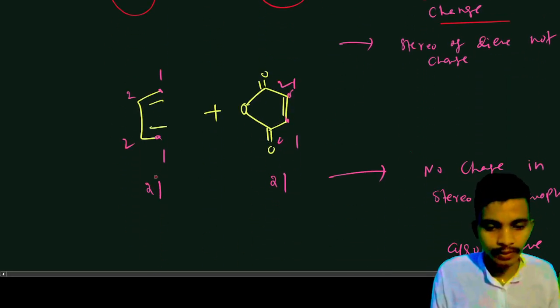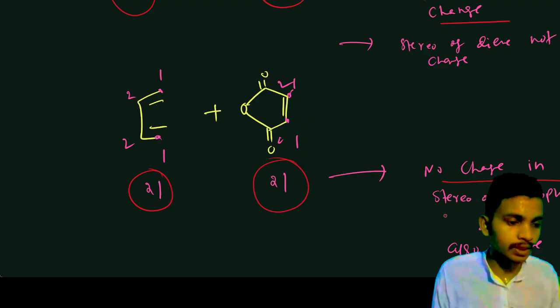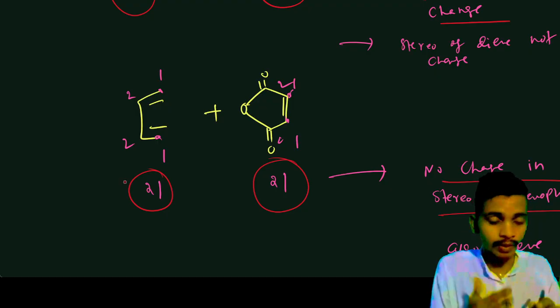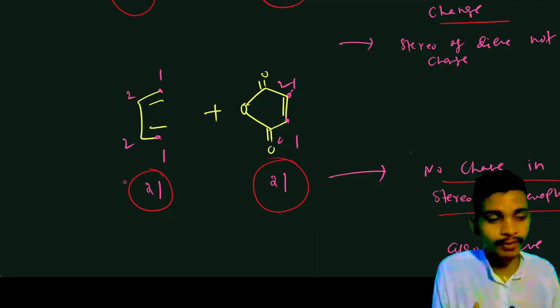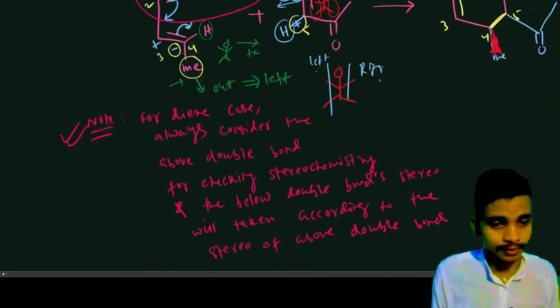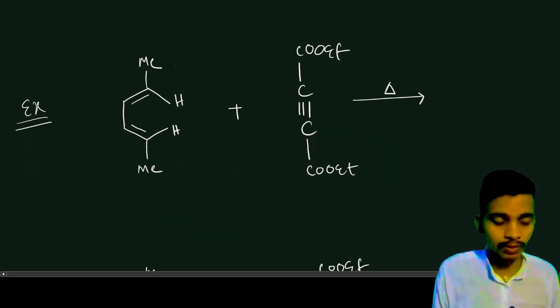But if it is 2-1 and 2-1, then there is no change in the stereo of the dienophiles. This is a concept you have to memorize and keep, then we will solve the stereo of Diels-Alder reactions. Now we will solve these questions to get more clarity.